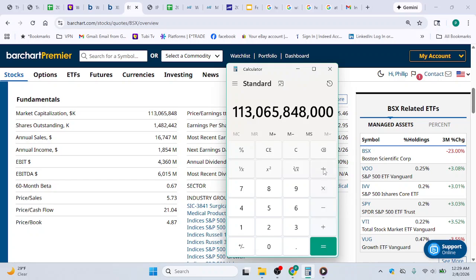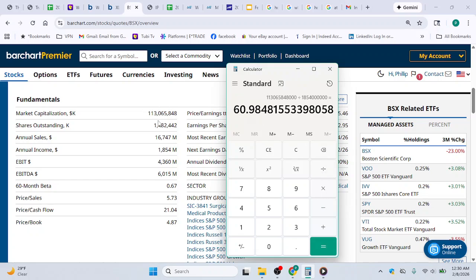Divided by annual income, 1.854 million. I wonder if that's right. 1,854 thousand billion. I think I did that right. Oh, there, that's better. 60 times.